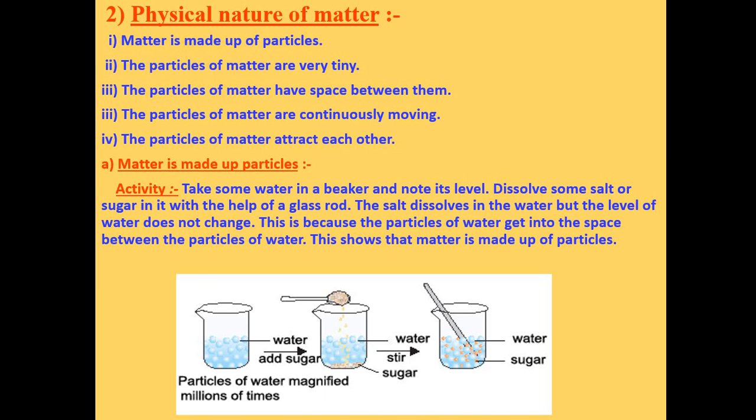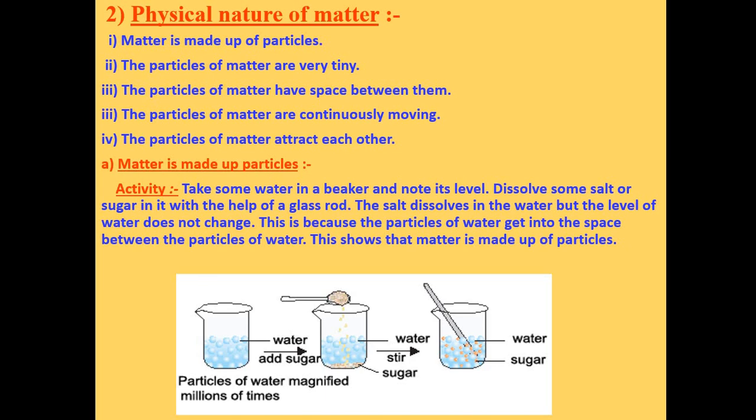Everything around us is made up of tiny pieces or particles. For example, a small raindrop contains about 10 raised to 21 particles of water in it. The particles which make up matter are so small that we cannot see them even with a high-power microscope.